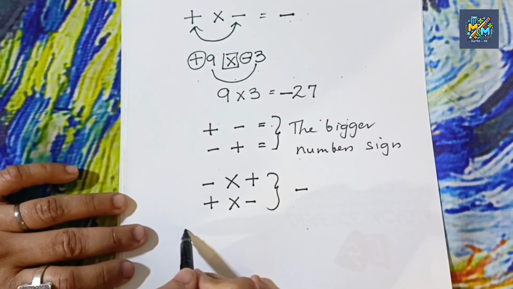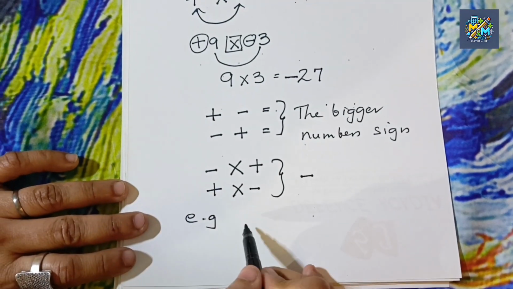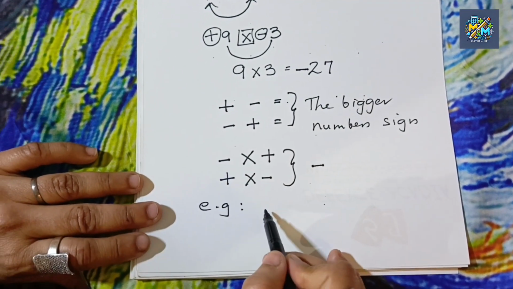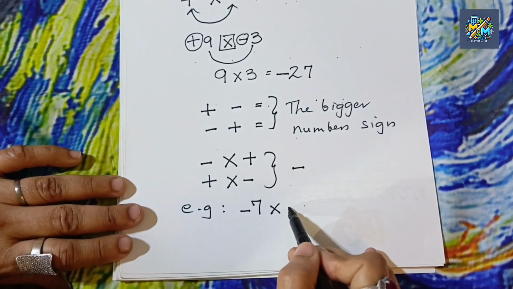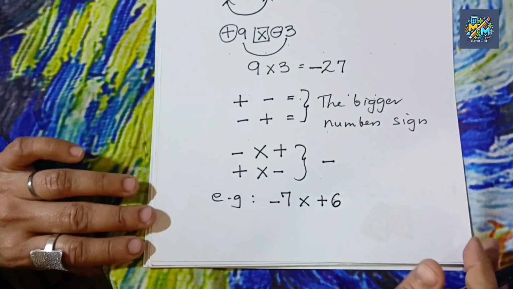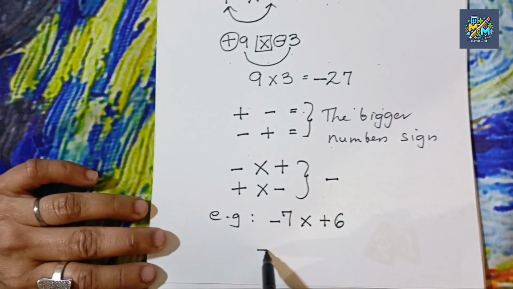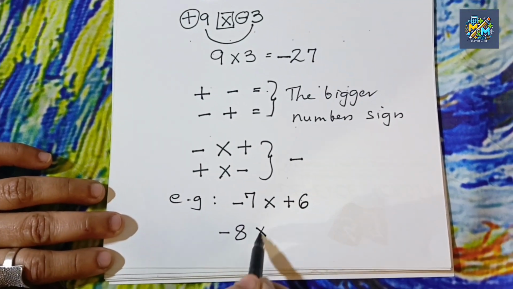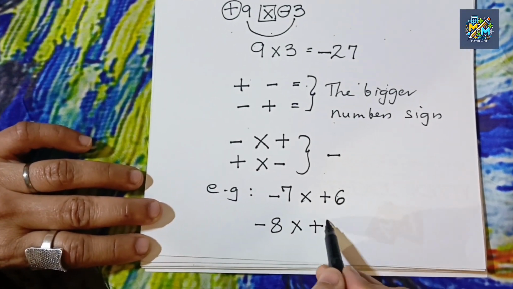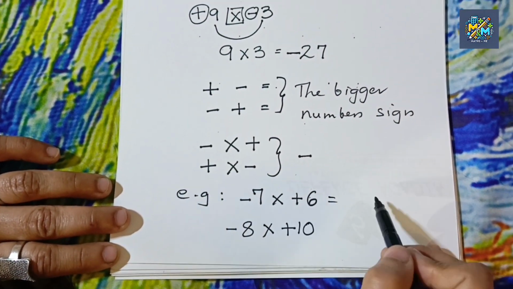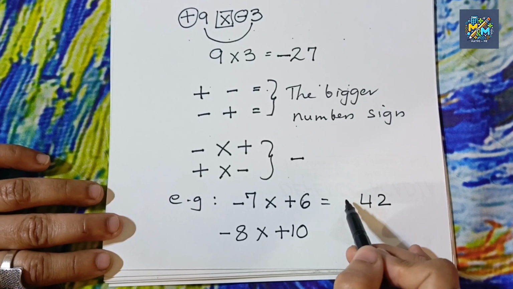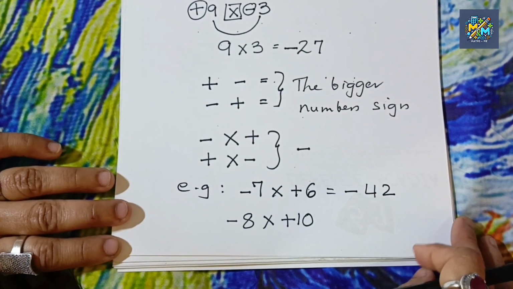Again, I'm going to show you one more example. And chalo, let's make a start. If I'm having minus 7 multiplied by plus 6 and minus 8 multiplied by plus 10. So here 7 times 6 will be 42 and it will be purely a minus sign.